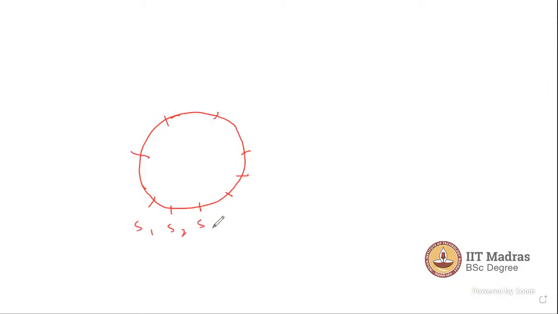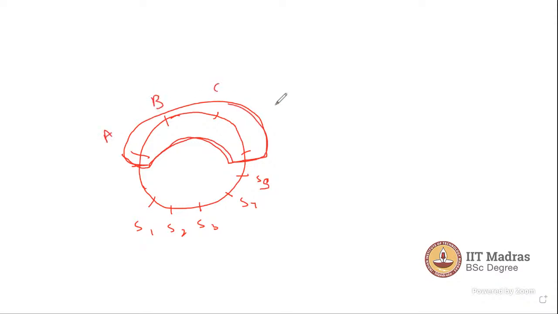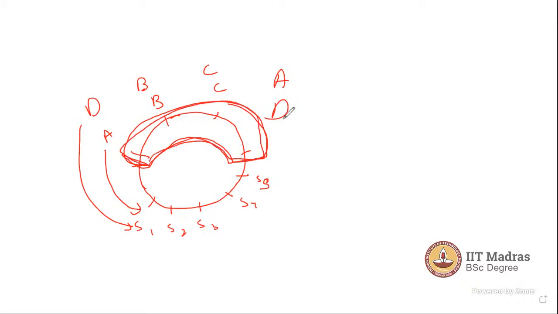S1, S2, S3, S4, S5. Now consider these 4. They are kind of linear. They don't complete a circle, right? So here it matters if you place A, B, C, D here, or if you place D, B, C, A here, because here A is beside S1 or here D. So these two are different cases, right? So consider these as linear. They don't complete a circle. Okay, sir. Thank you.